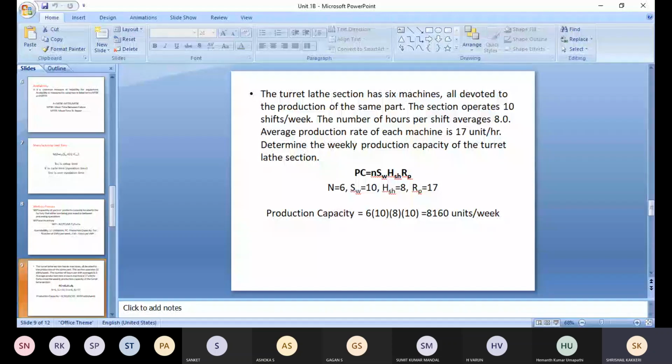The specialization of operation. The second one is combined operation. Wherever it is possible, combine the operations so that the number of workstations can be reduced. A very simple example I gave in the beginning: in a lathe, I want to do plain turning and threading. In one workstation, they do only the plain turning, then remove the part and place it on the next lathe to do the threading operation.